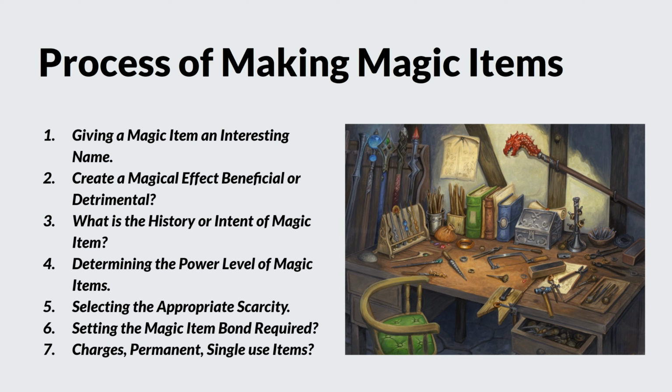The bond that you require for your magic item is going to be based on a couple of different things. The bond required, or the attunement, for a magic item helps stop a player character stacking too many different powerful magic items together. If you don't want them to have a lot of power on their character at the same time, then use something like the 5e attunement or a bond system. And there's a limit. Is it going to be just 2 items, 3 items, 4 items?